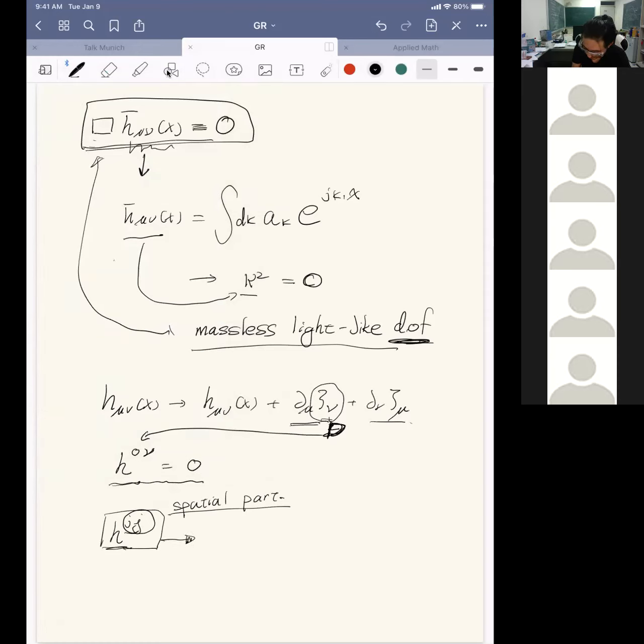Since this is symmetric, you're going to have d times d minus 1 over 2 degrees of freedom.